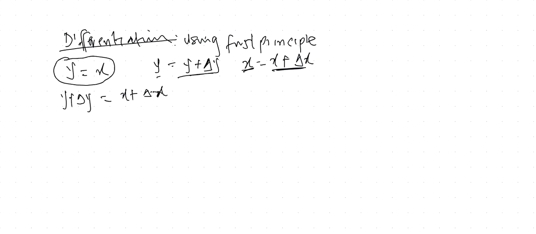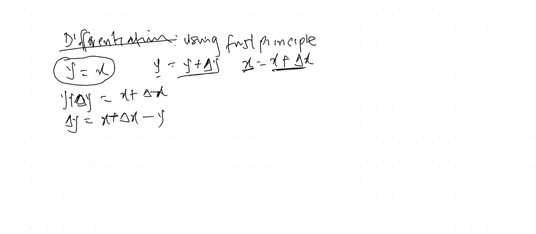Now, after we have done that, the next thing we are going to do is collect like terms or rearrange so that we are going to be left with dy/dx. So change in y will be equal to x plus change in x minus y. What is y? y is equal to x, so you put x here.